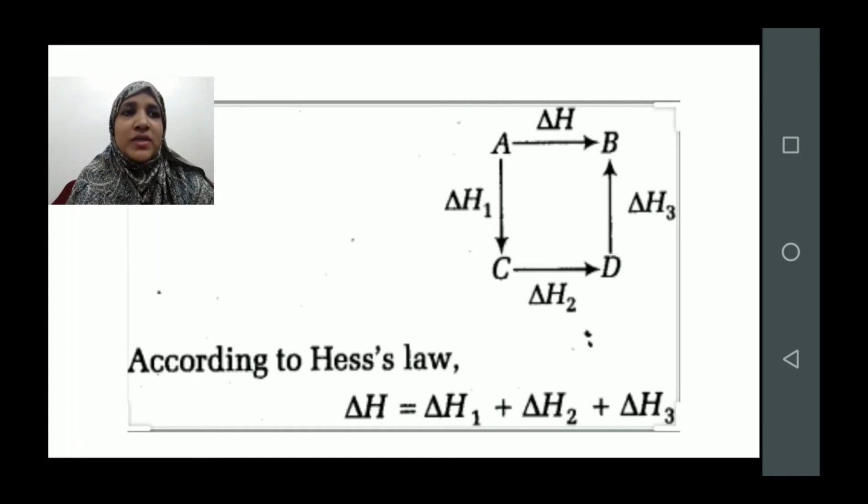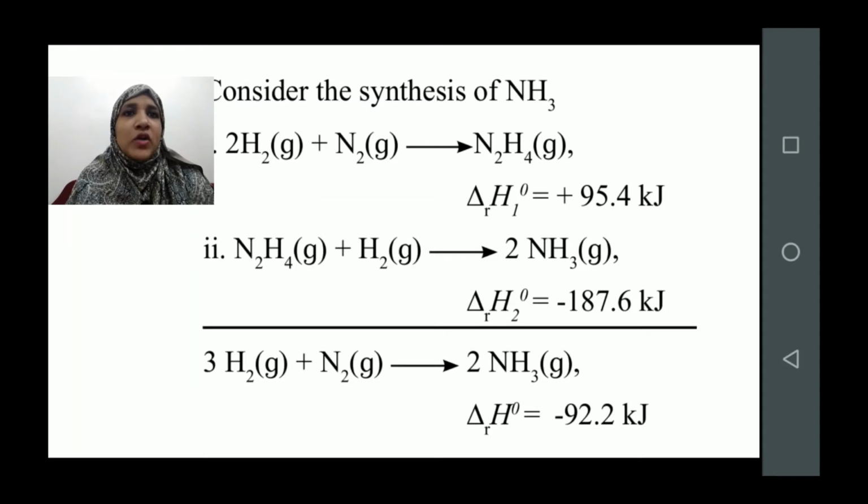Let's take one actual example again. Consider the synthesis of ammonia, where 1 mole of nitrogen reacts with 2 moles of hydrogen and forms N2H4 gas. Okay, this is not ammonia. For this first step, the enthalpy of reaction is found to be 95.4 kilojoules.